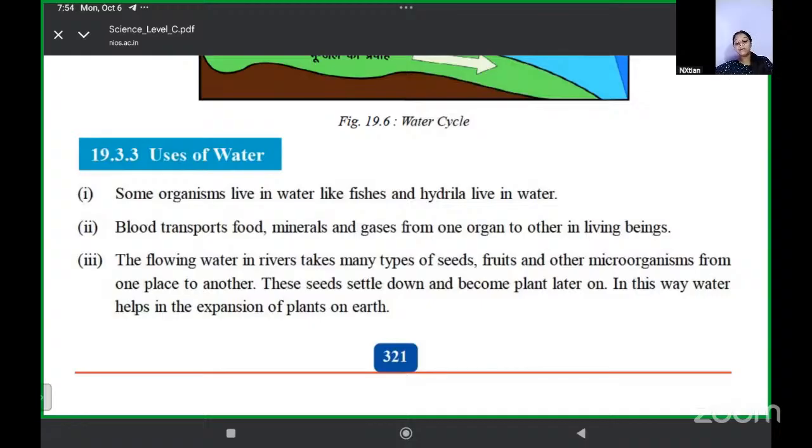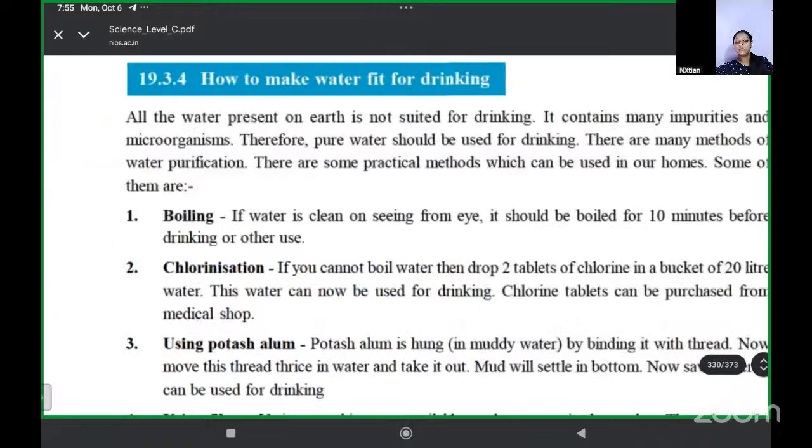In this way, water helps in the expansion of plants on earth. Like seeds of a tree beside a lake or river fell in the river and the water flew and took it somewhere else, and then there it grew. So this helps in expansion of plants on the earth.